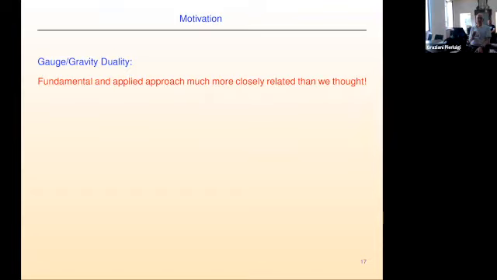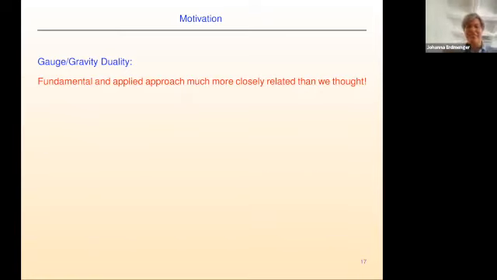Because there seems to be a direction from the fundamental to the applied approach where we are using techniques developed in gravity to study strongly coupled quantum systems. But I was curious if there is anything that you can learn about quantizing gravity from what we are doing in the applied approach, studying strongly coupled quantum systems, or to enrich our understanding of quantum gravity.